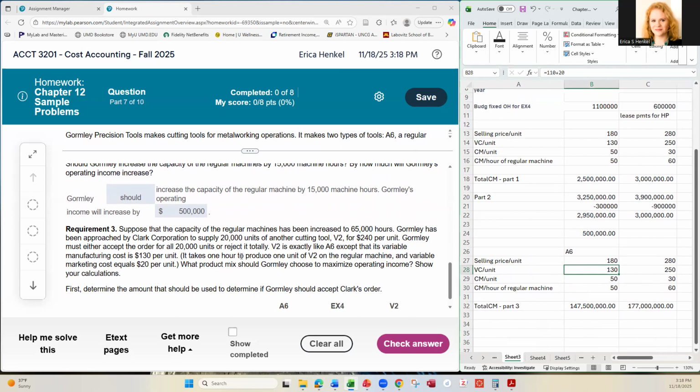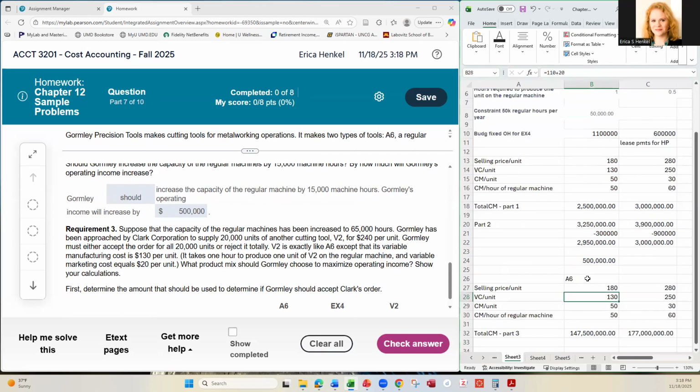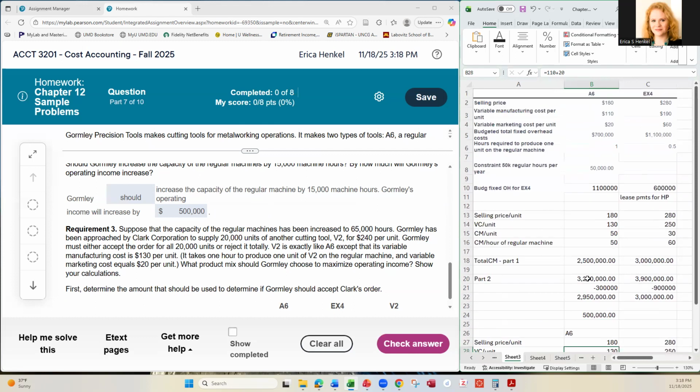Takes 1 hour to produce 1 unit of V2 on the regular machine, and variable marketing costs are $20 per unit. So 1 hour of the variable cost per hour and $20. Okay.